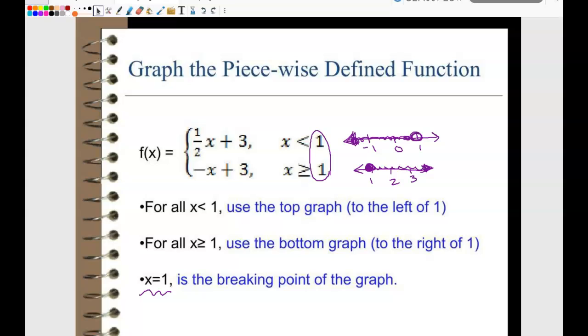Okay, so then we can graph piecewise defined functions with the idea of a breaking point in mind.